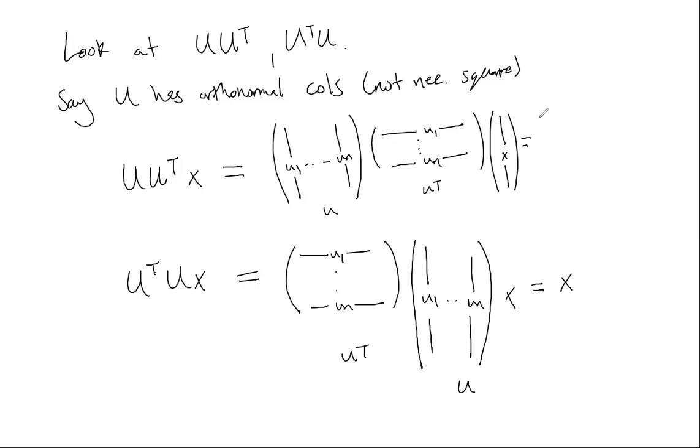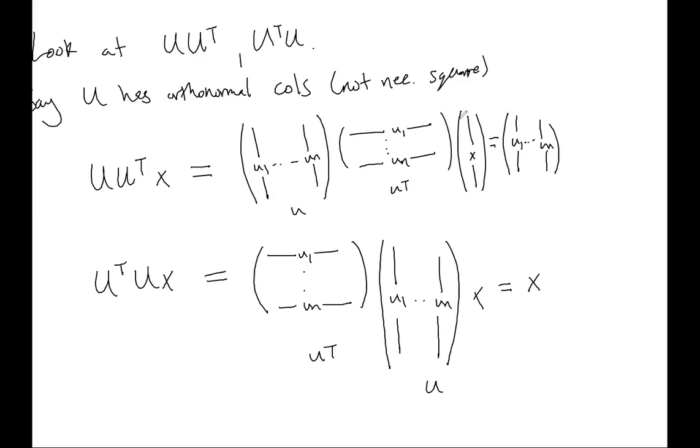But if we write this out, we get U1 through UN, and then over here we get a matrix whose first entry is U1.x, the second entry is x.U2, and the last entry is x.UN. Now if we keep multiplying, here's U, here's U transpose x.